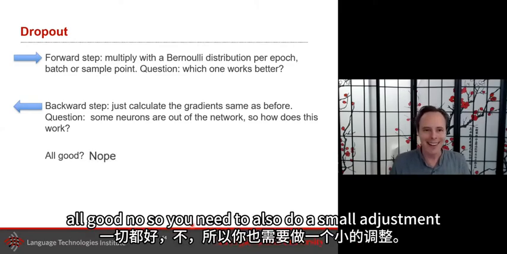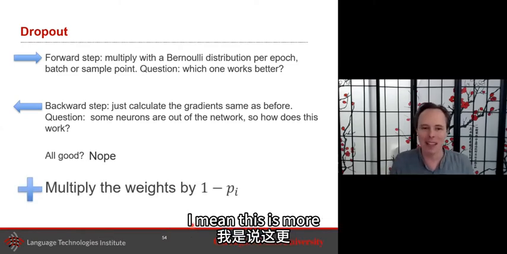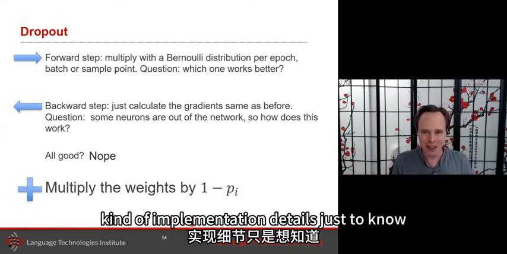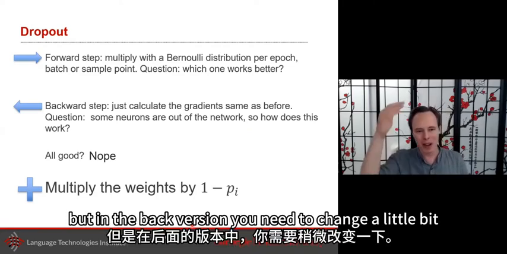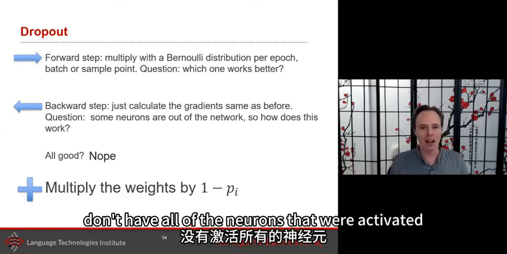All good? No. You also need to do a small adjustment. This is more of an implementation detail, but in backpropagation you need to change the reweighting a little bit, because suddenly you don't have all of the neurons activated.